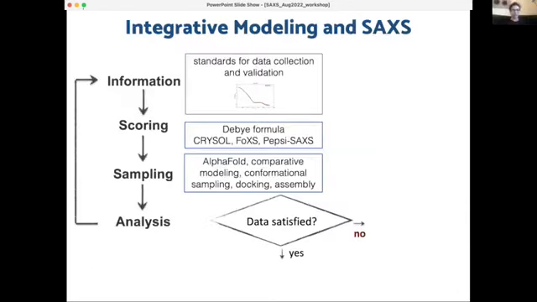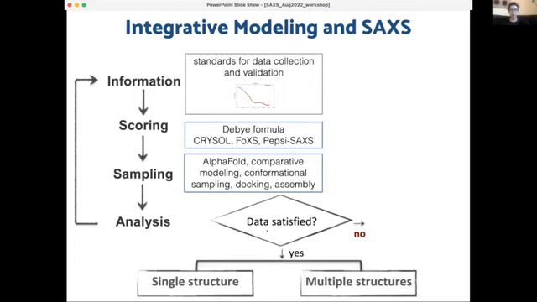Okay, so let's continue. So let's say that we have our data set. We used great scoring functions. We used great sampling algorithms, and we modeled something. And so now we ask a basic question: is the data satisfied?